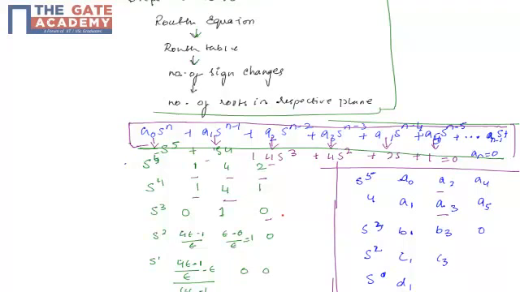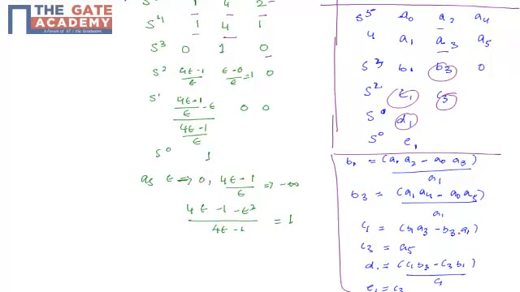In order to obtain B1, B3, C1, C3 and D1, we have to use these formulas.